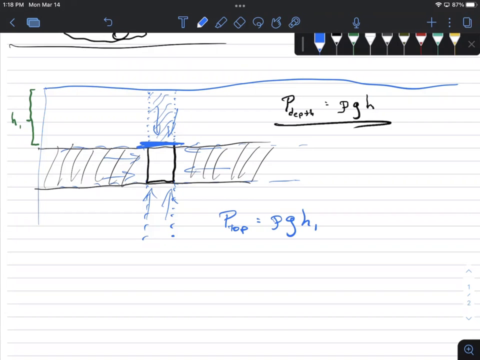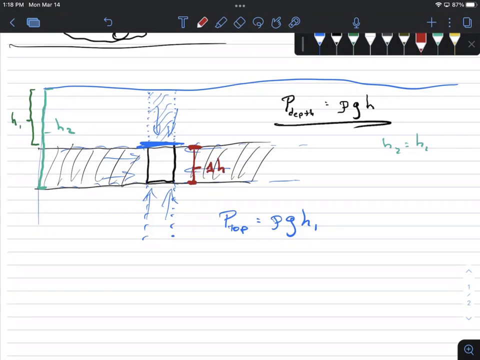Then we can have a different depth, which is from the surface down to the bottom of the box, and let that be called h2. Now, h2 is going to be whatever the depth to the top is, plus the size of my object. So if the size of my object here, we'll call it, I don't know, delta h.